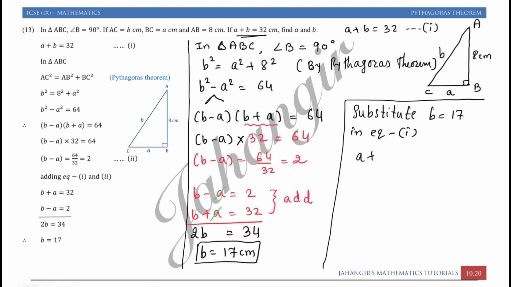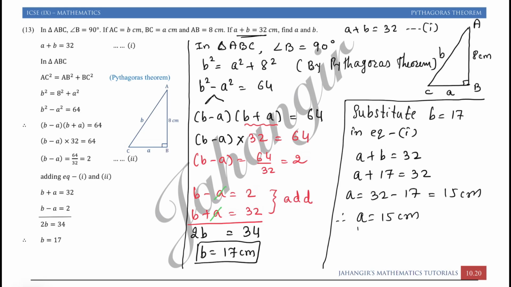So a plus b is equal to 32, a plus 17 is equal to 32, a is equal to 32 minus 17, which is equal to 15 centimeter. So therefore a is equal to 15 centimeter and b is equal to 17 centimeter.